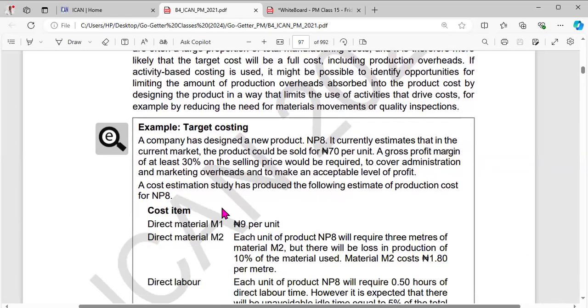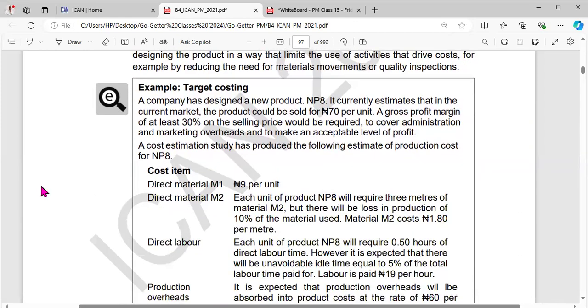Now let's look at this example here. The company has designed a new product. The product name is NP8. It currently estimates that in the current market, the product could be sold for 70 naira per unit, and that's the selling price that is determined. A gross profit margin of at least 30%, so that means this is the least, you can't go below that.